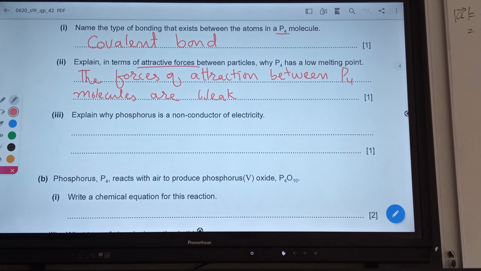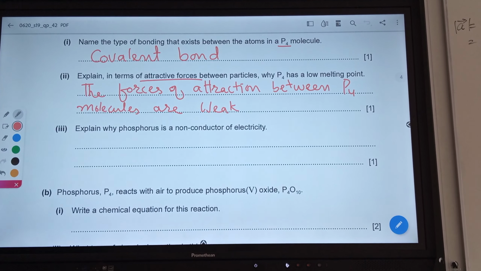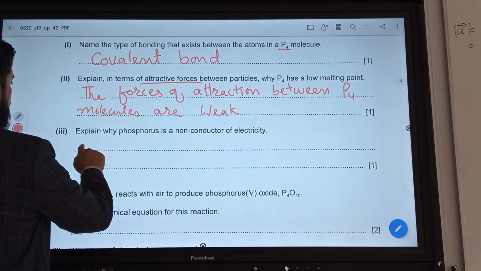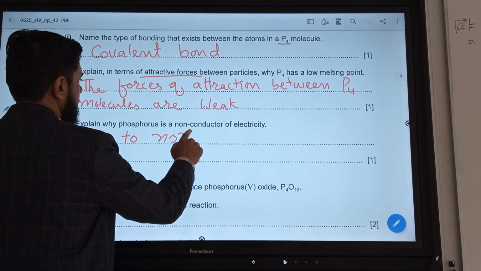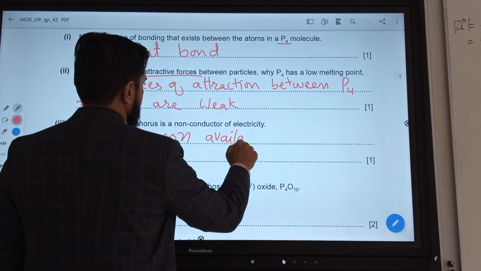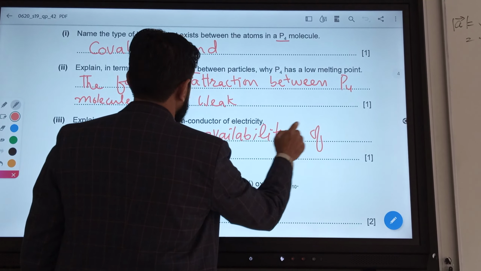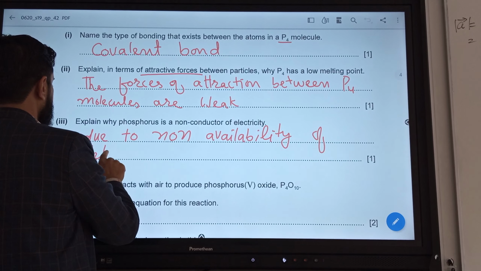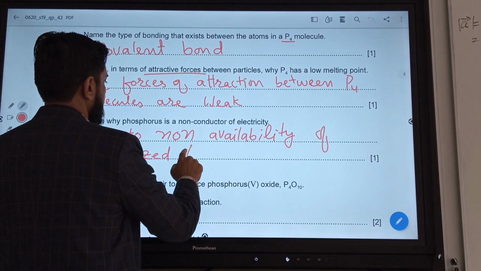In the third part, explain why phosphorus is a non-conductor of electricity. Simply we can say due to non-availability of delocalized free electrons.